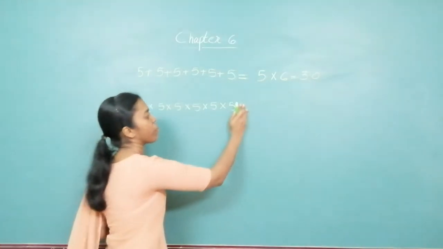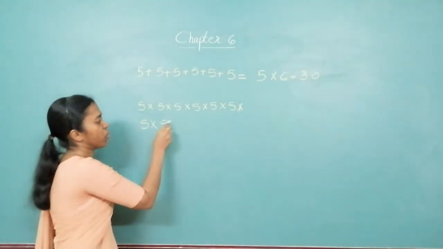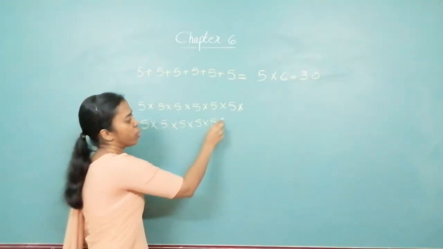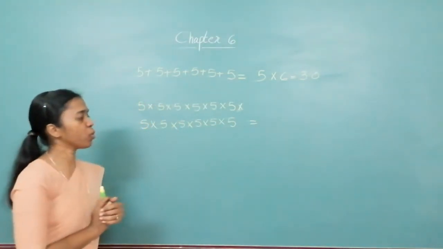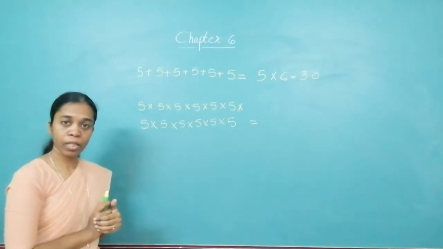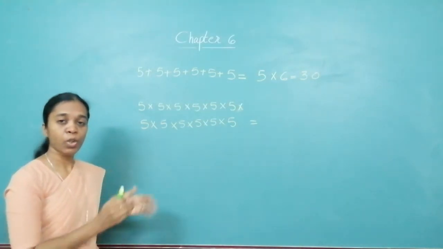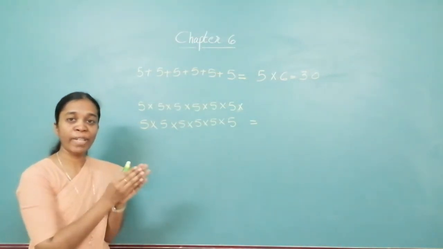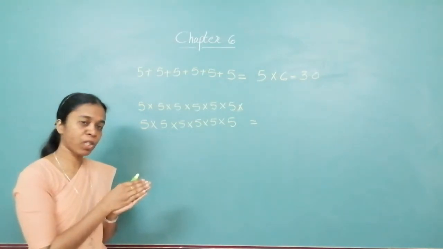Suppose I want to multiply like this, again going on 5 into 5 into 5 into 5 into 5 into 5. Then how many times now? It has come to 12 times. And if I go on writing like that, it takes so much time and so much space. To write it in short, we write it in the form of index form. Now how do we write in the index form?